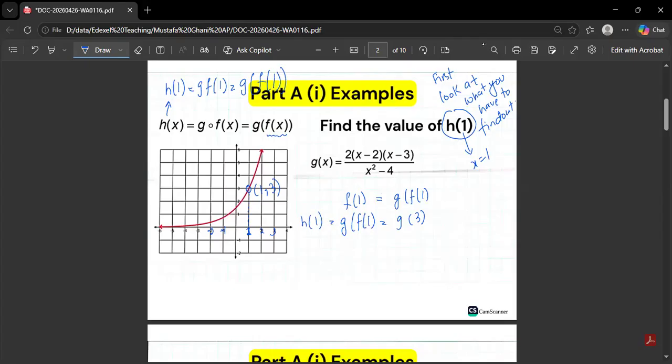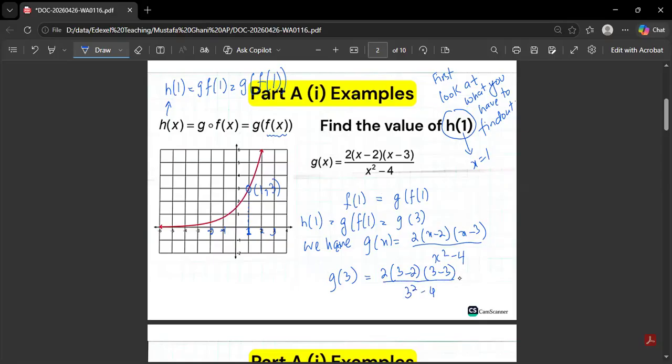So if you look at the function g, we have g of x, 2 times x minus 2 and x minus 3 in the question. So what I can do, I need to put 3 here. So 3 minus 2, 3 minus 3, times square, and that's going to be like this.